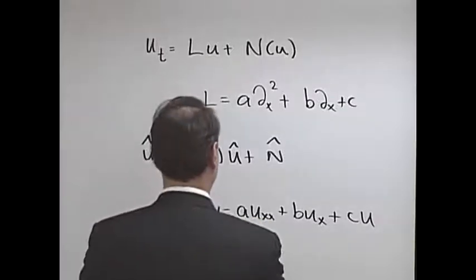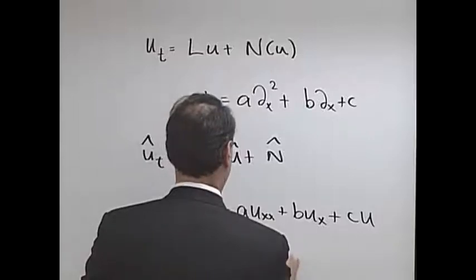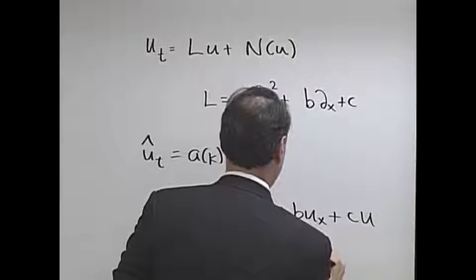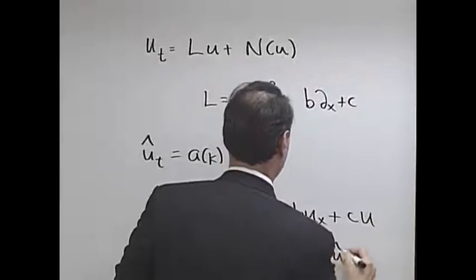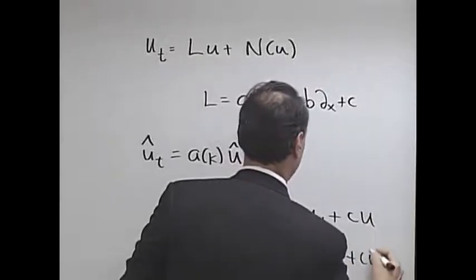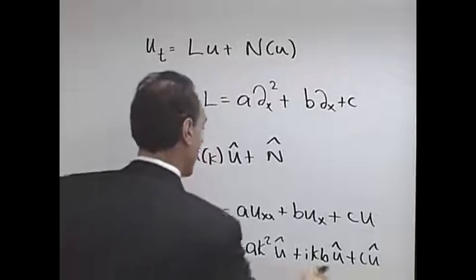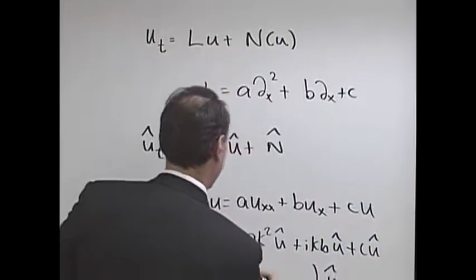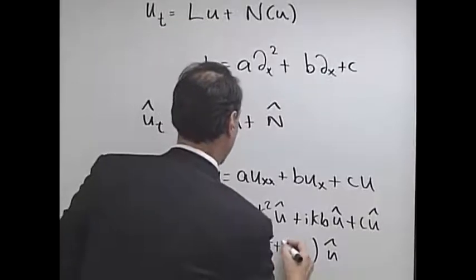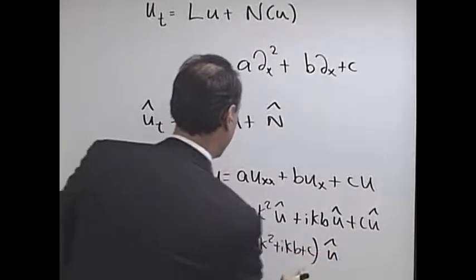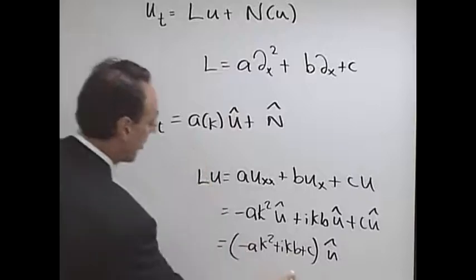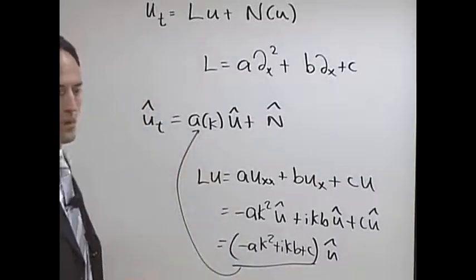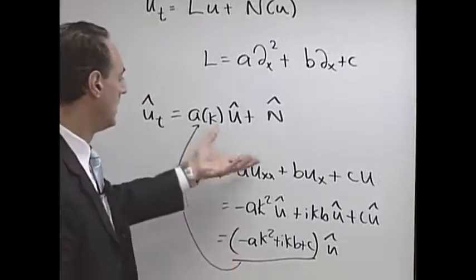So it's going to give you minus ak squared times the Fourier transform of the function, plus ikb times the Fourier transform, plus c times the Fourier transform of u. If I put all that together, what I have is u hat multiplying minus ak squared plus ikb plus c. And this is what I called A of k.